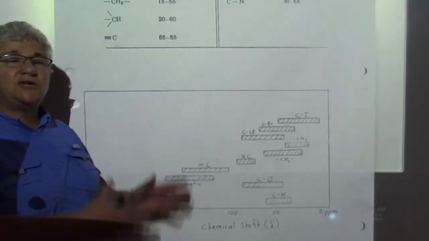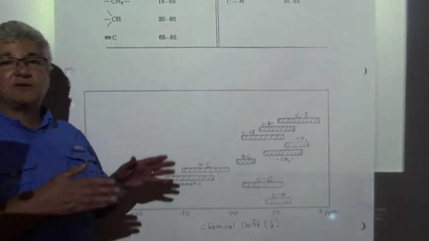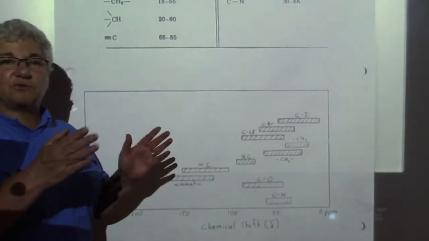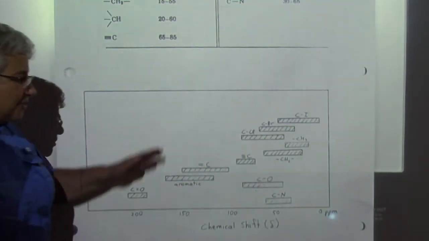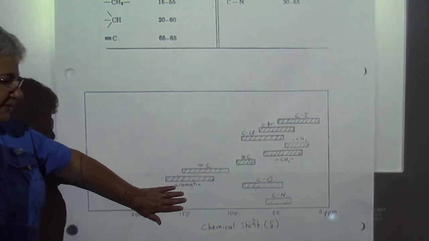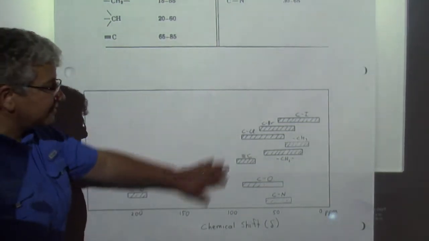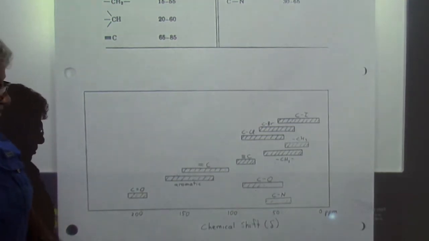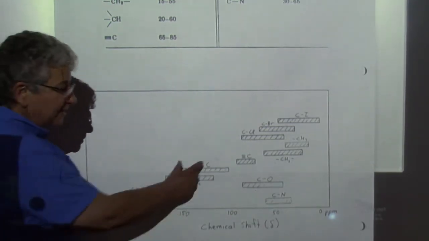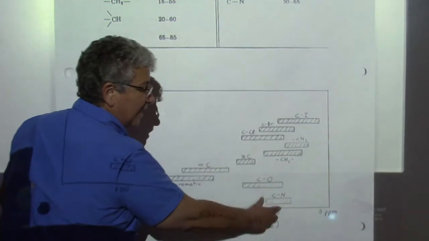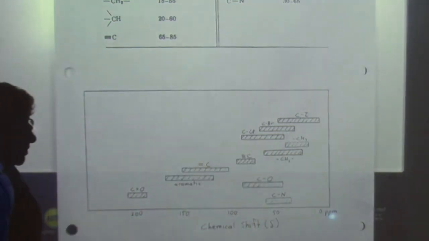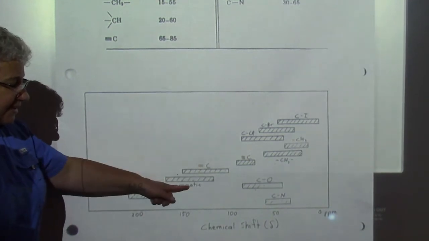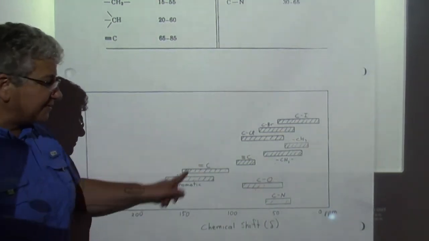So if you do memorize them, don't be critical about where the range starts and where the range ends. Because if you look at the way this same data is shown here, there's a lot of overlap. Regions really start to overlap each other. Here are the carbon-carbon double bonds and the aromatic rings. We talked about this.